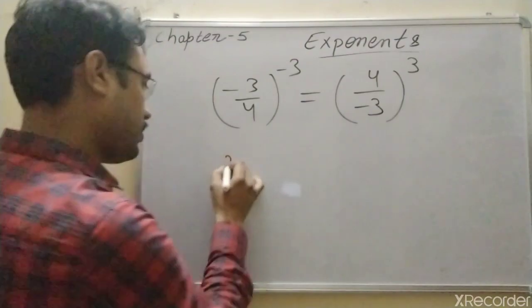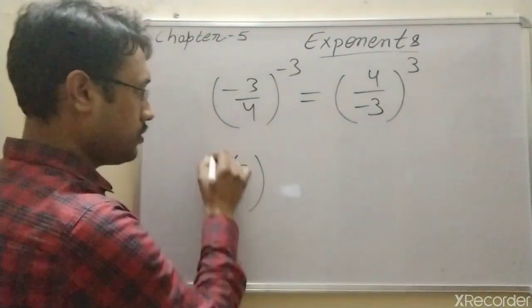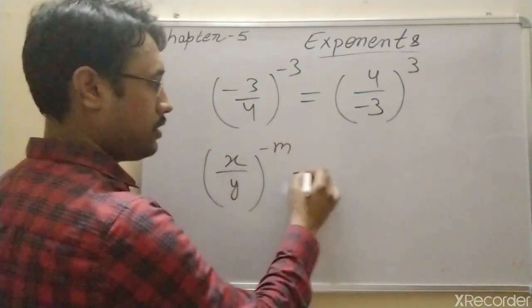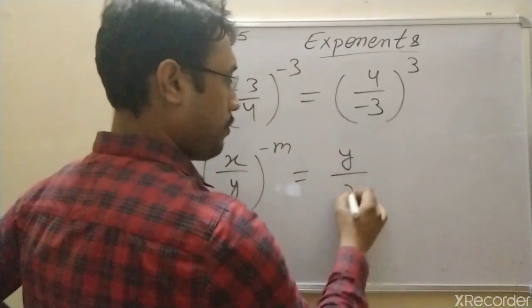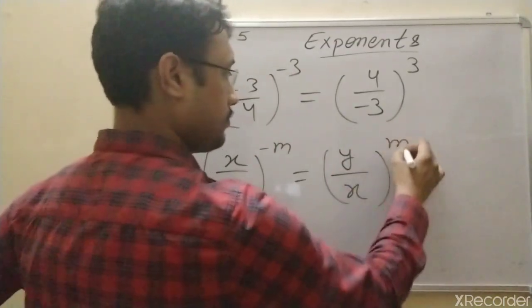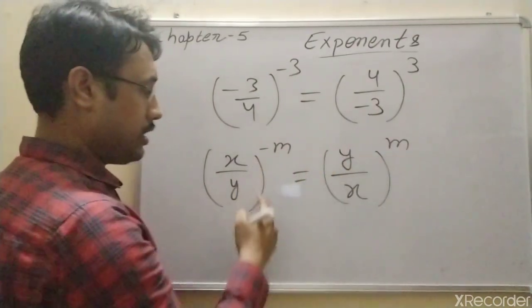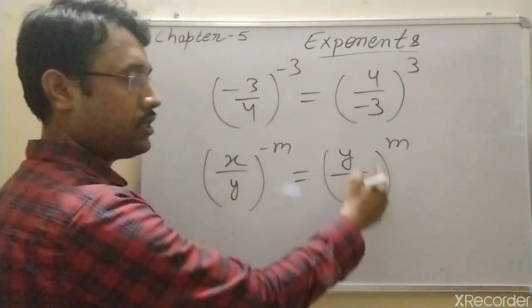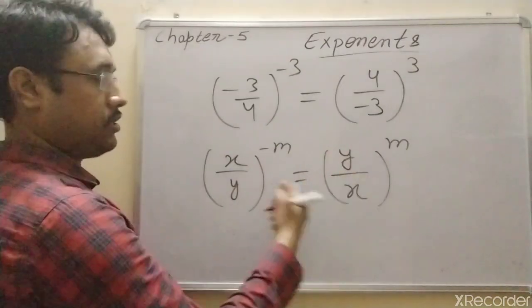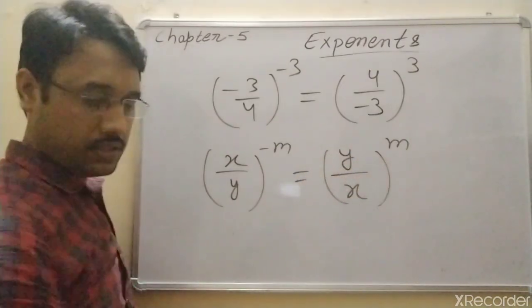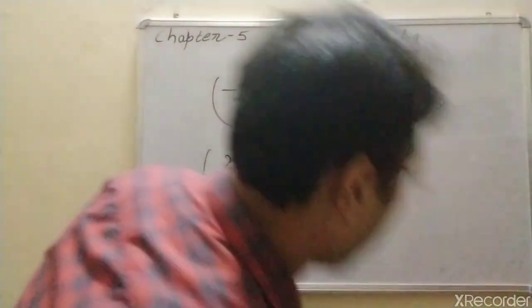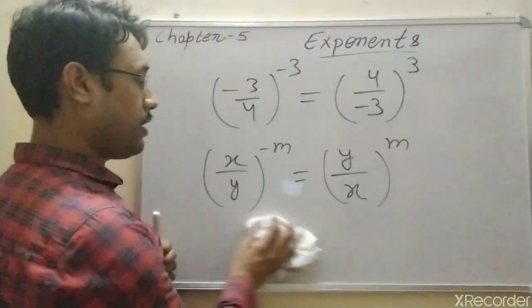This formula I have studied: x by y to the power minus m is equal to y by x to the power plus m. So when you change the sign from minus m to plus m, at that moment you have to change the base, that is, take the reciprocal of the base. So this is y by x to the power m.